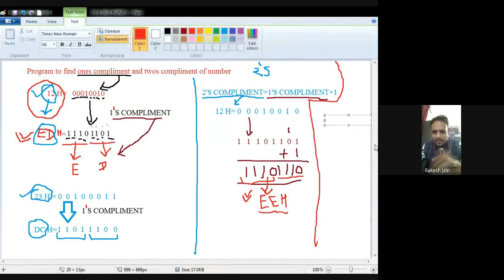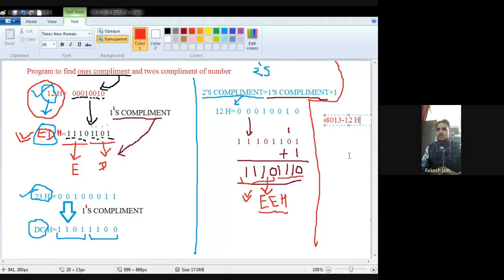So okay, let's start with the programming. First of all, we should load at any address any data whose 1's complement we want to find out. So let's suppose at 8013 memory location we load the data 12 in hexadecimal.